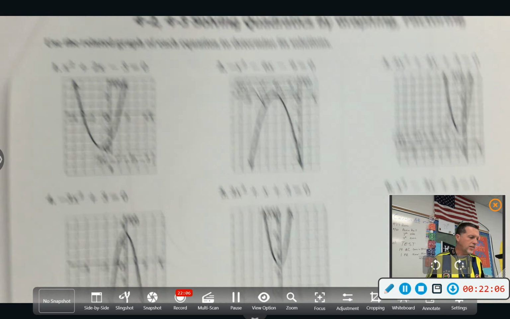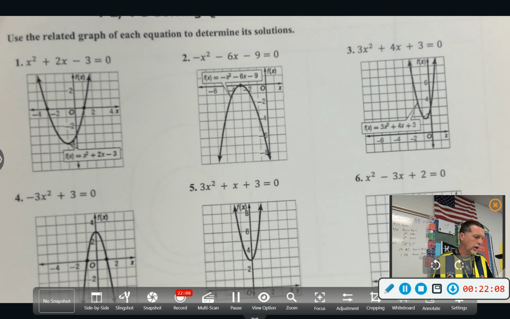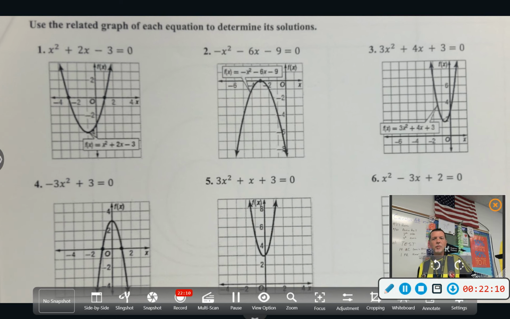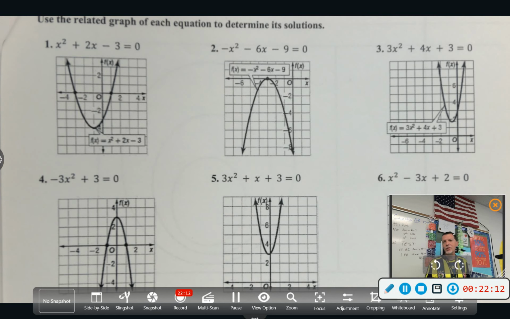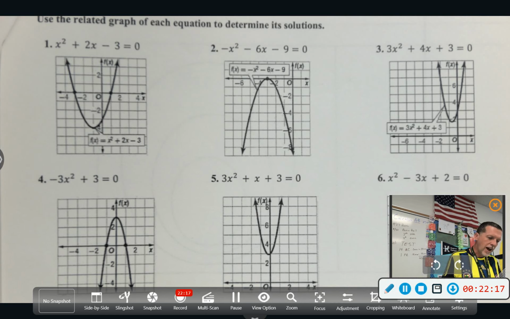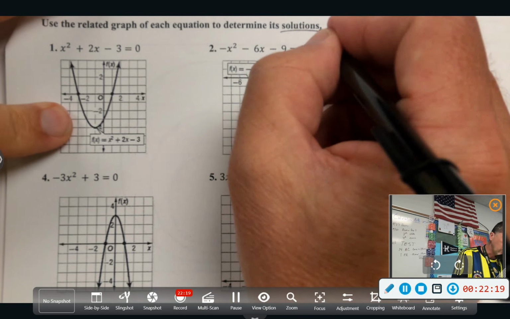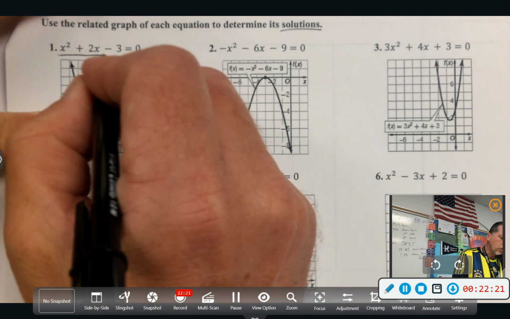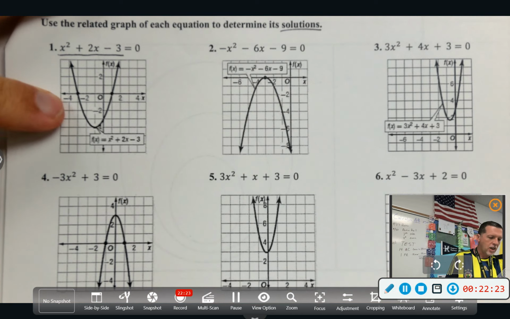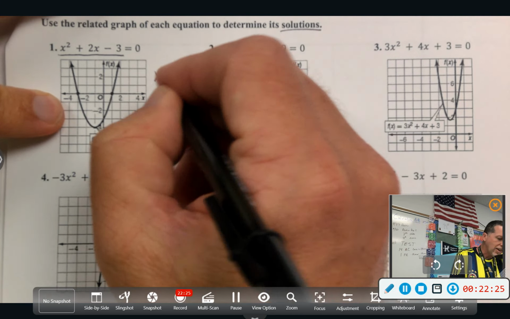All right, assignment is this worksheet. Let's do a couple together real quick and then we'll do the quiz. 1 through 6 are super easy, but they're almost so easy that people miss them. So let's do number 1 together. Use the related graph to determine its solutions. So I want the solutions to this equation, but they give me the graph.